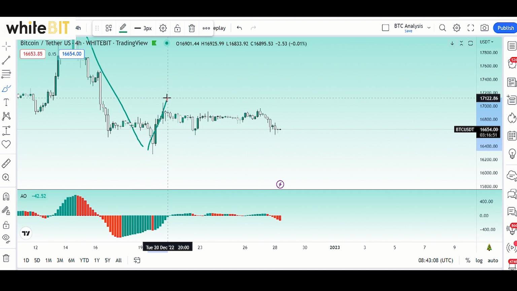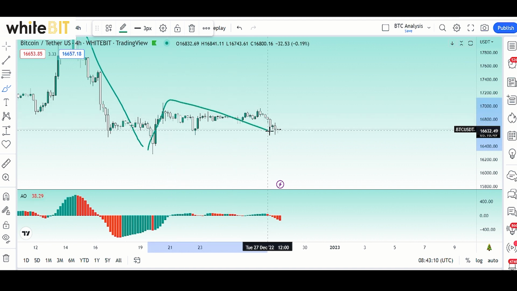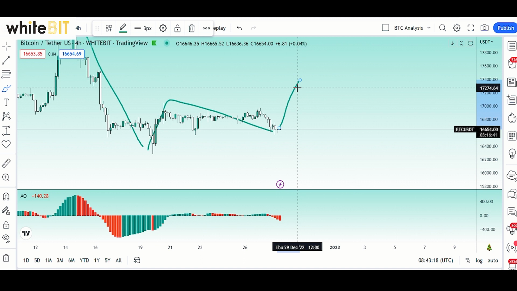It was the wave A, it was the wave B, now we are in wave B, the market is finishing this wave, it has to show us the wave C, the pump at least to the $17,200.